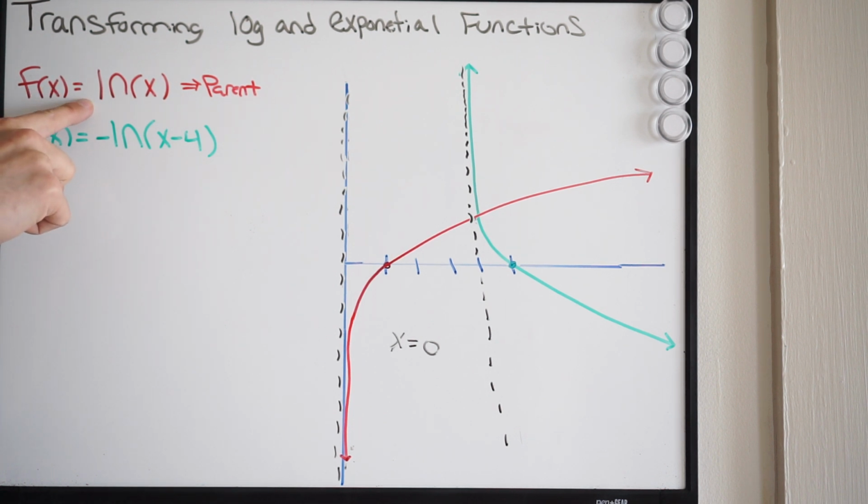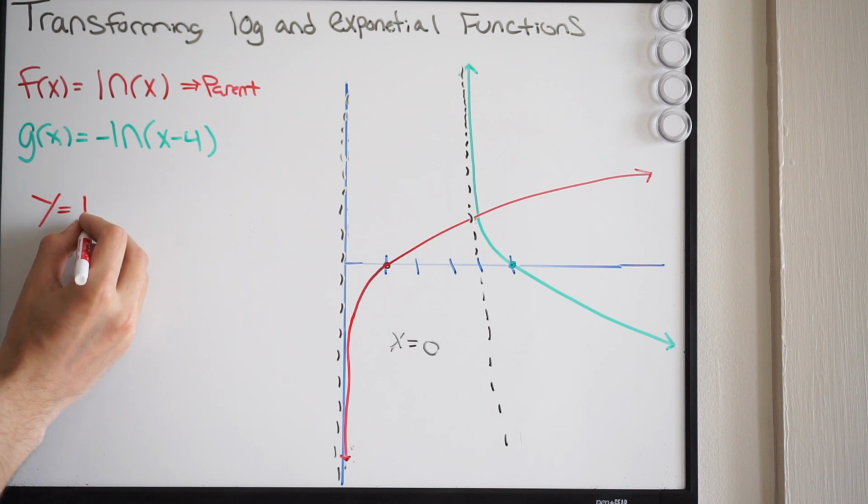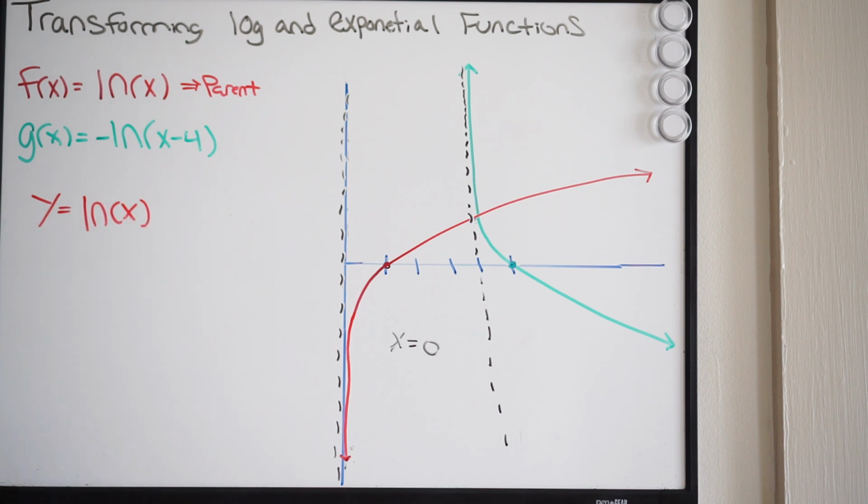Okay, so if I look at my parent function, I have ln of x. Well, let's describe some of the transformations. The first one, remember, if I want to reflect something across the x-axis, I make the y value negative. So knowing that this is y here, I'm going to replace this with y equals ln of x.